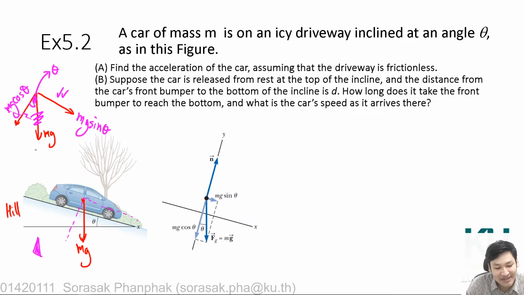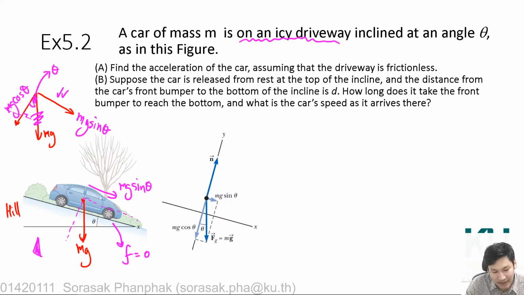So this happens all the time on a slope or hill like this, especially in this case on the icy driveway. The icy means you have a frictionless system. So this is freely moving downward due to mg sine theta toward the downhill of the slope.